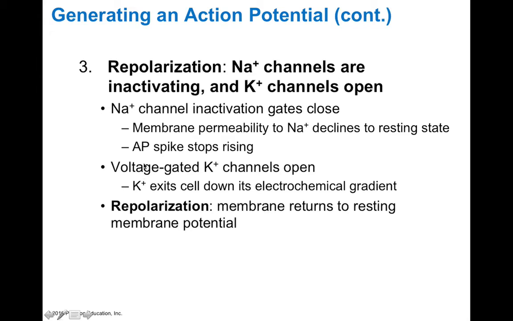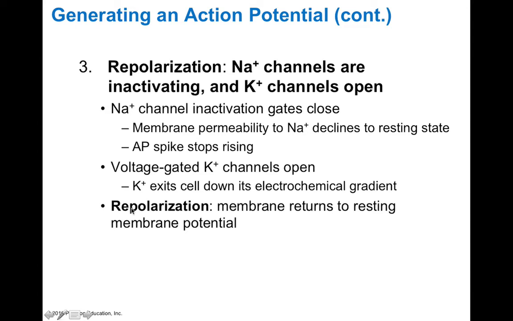Right around the same time, voltage-gated potassium channels start to open due to the voltage that they open at. And so what we find is that they allow potassium to now flow out of the cell. And because you're having potassium exit down its electrochemical gradient, it causes repolarization, which is when the membrane returns back to a resting voltage.